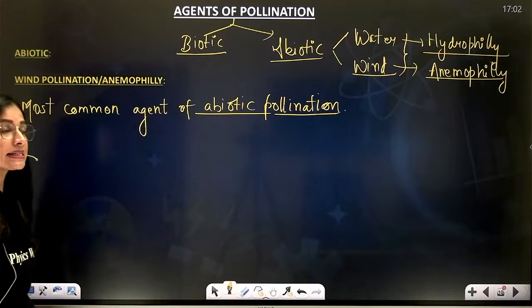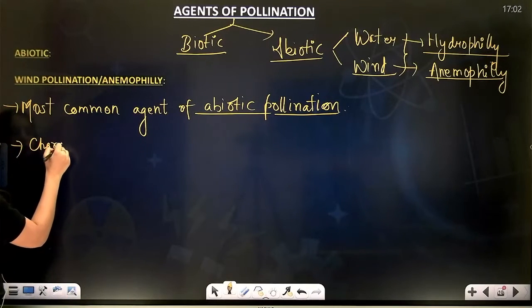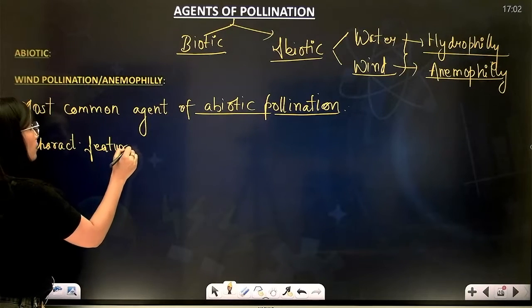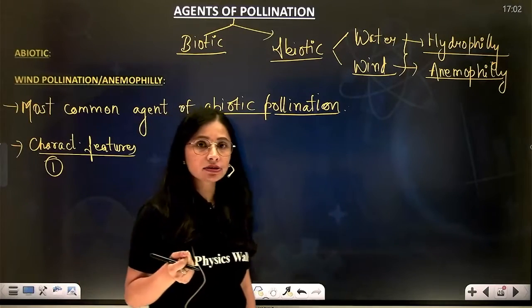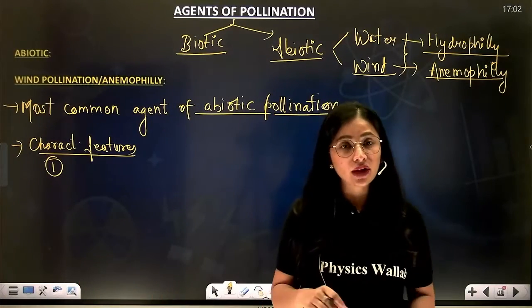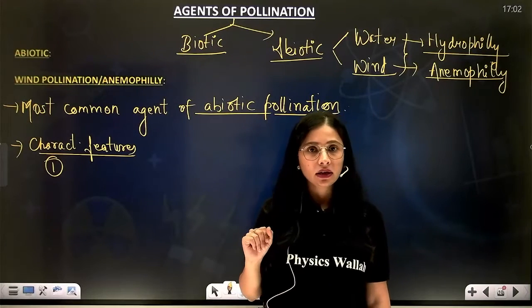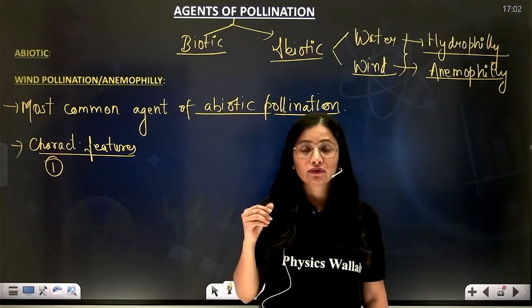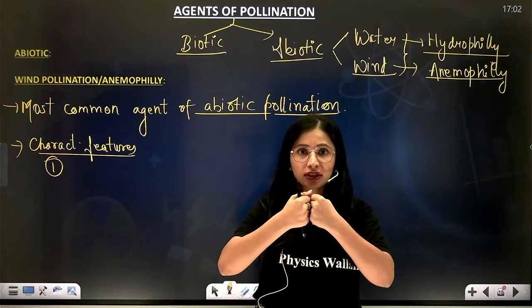Right? Second, what are the characteristic features of plants which are pollinated by wind? First of all, the pollen grains of such wind-pollinating flowers are very light in weight. They are non-sticky. If they are light, then they will be easily swayed away by the wind. If they are non-sticky, then pollen grains won't stick to each other.